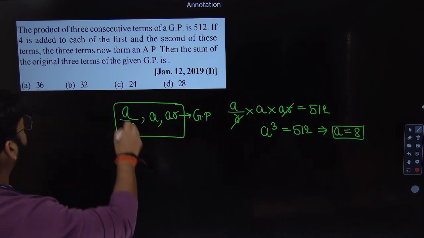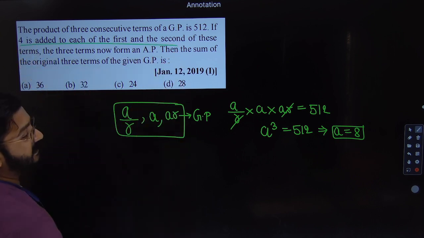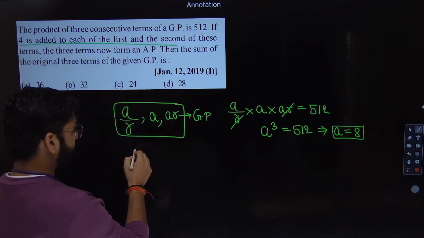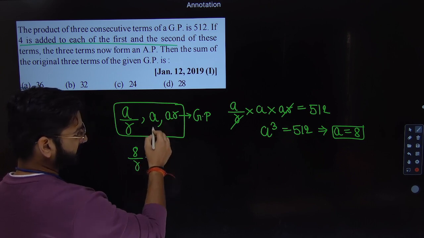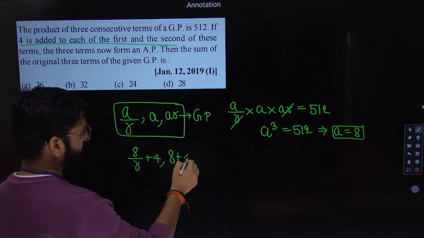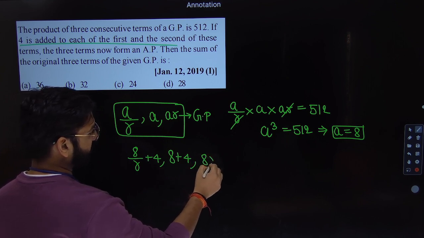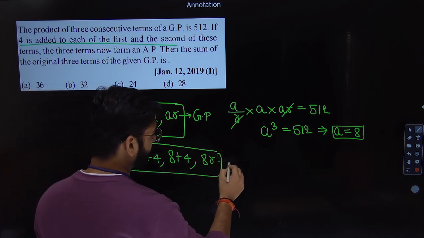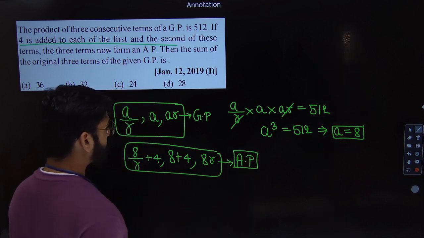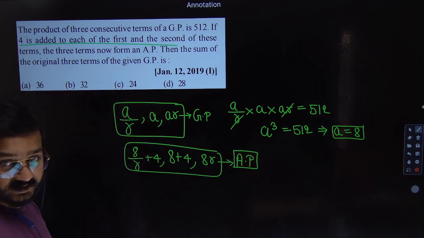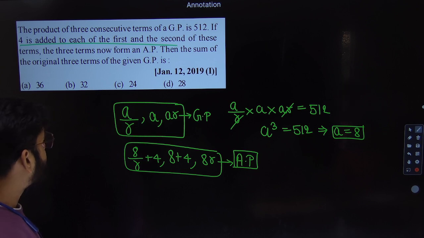Now, if 4 is added to the first and the second term, so 8 by R plus 4, and A is 8, 8 plus 4, and 8R. So these three terms are in what? AP. Okay. So these three terms are in AP.